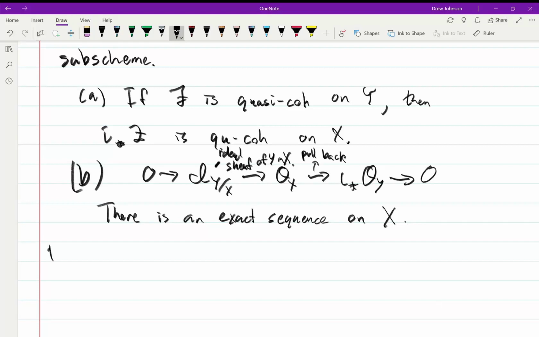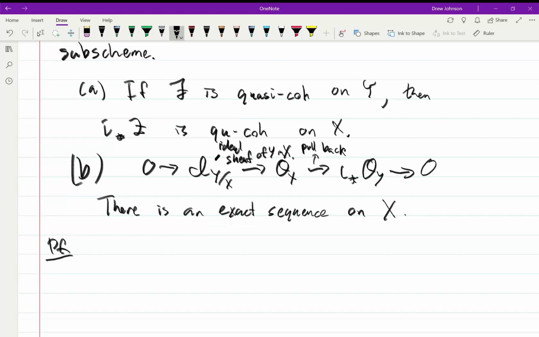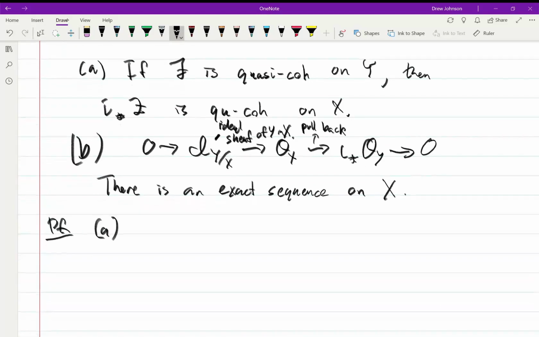All right, so for the proof of part A, let's recall that for a closed subscheme, well, okay, let's first restrict to the affine case. Part A is local, right? Being quasi-coherent is a local condition. So we can just do the affine case.